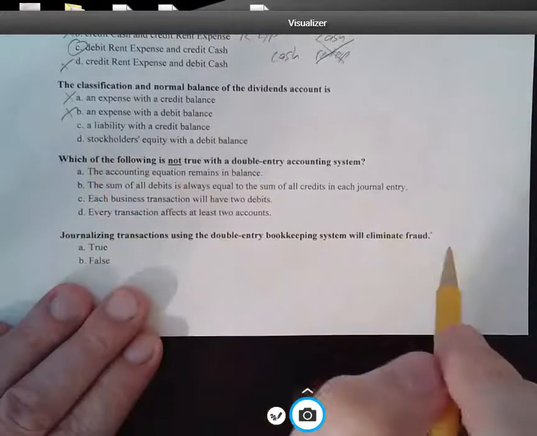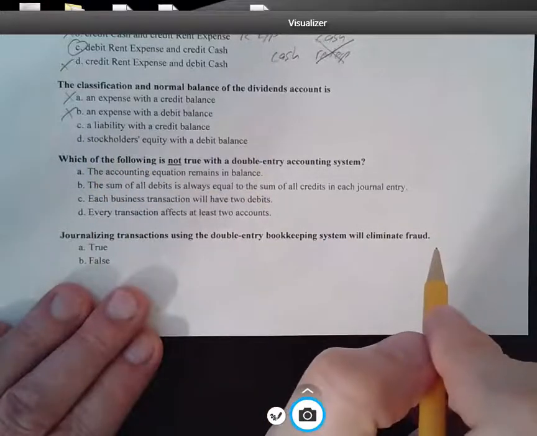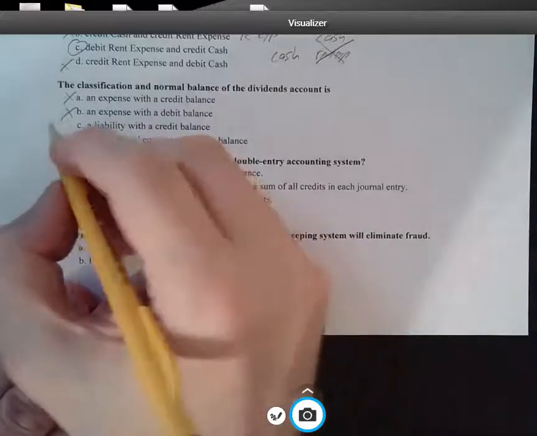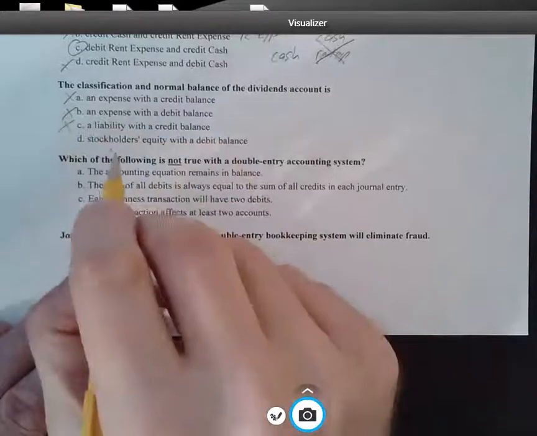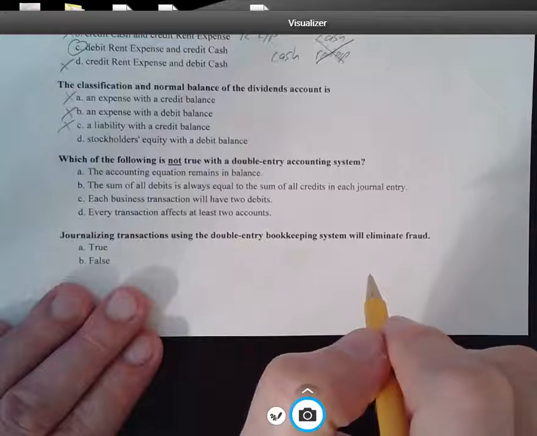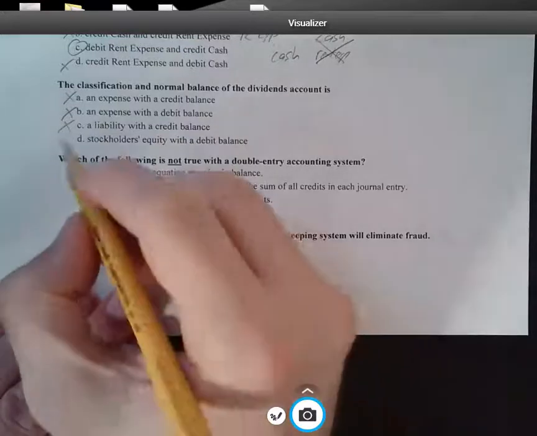C, a liability with a credit balance. Well, we're wrong on both accounts. Dividends are not a liability, and dividends do not have a credit balance. D, stockholders' equity with a debit balance. This is your correct answer.